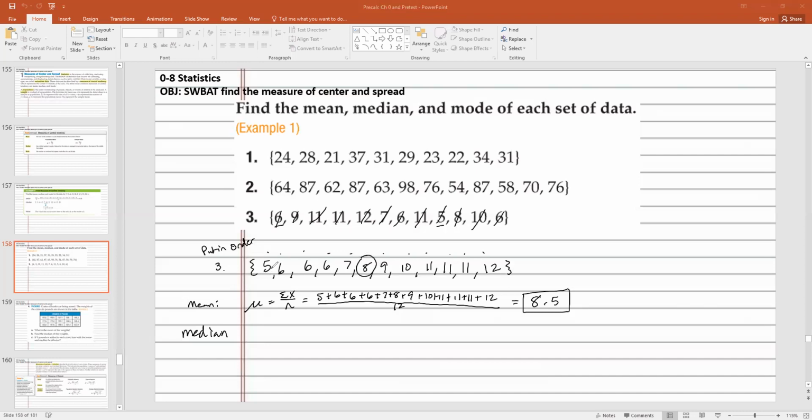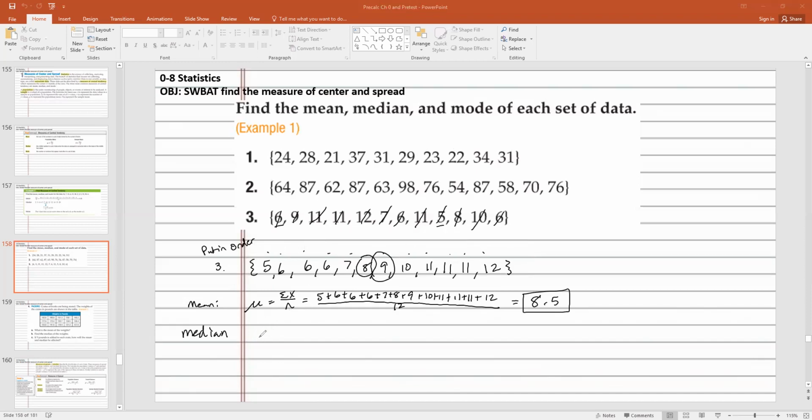However, there's 5 numbers before 8, and here we have 6. Uh-oh. So we want it to be even. So we're going to look at not 8 only, but 8 and 9. So there's 5 numbers on the right, 5 numbers on the left. It's a butterfly.